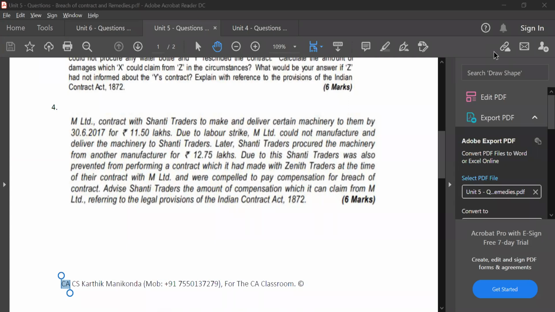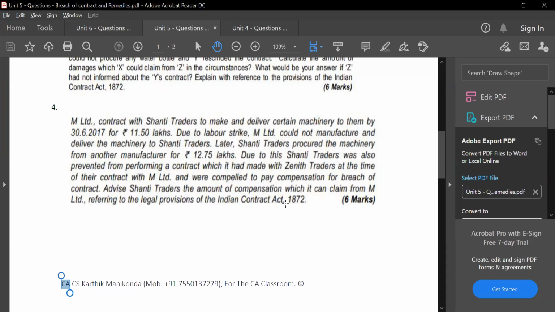Due to this, Shanti Traders was also prevented from performing a contract which it had made with Zen Trader at the time of their contract with M Limited, and were compelled to pay compensation for breach of contract. Advice on Shanti Traders the amount of compensation which it can claim from M Limited, referring to the legal provisions of Indian Contract Act 1872.